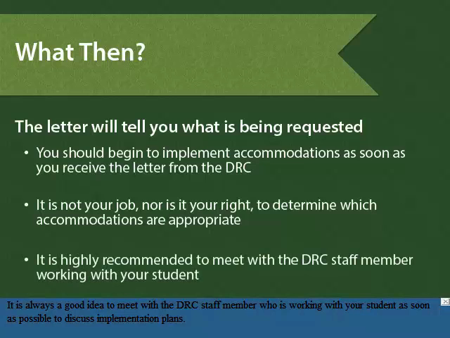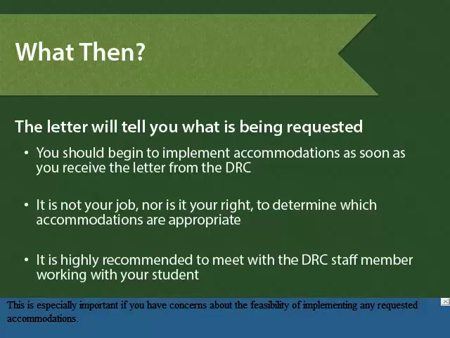It's always a good idea to meet with the DRC staff member who is working with your student as soon as possible to discuss implementation plans. This is especially important if you have concerns about the feasibility of implementing any requested accommodations. Under no circumstances should you decide unilaterally not to implement a requested accommodation. Decisions about what constitutes a reasonable accommodation can only be made in collaboration with the DRC.